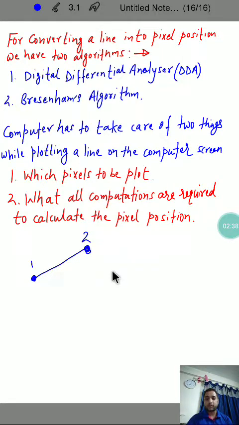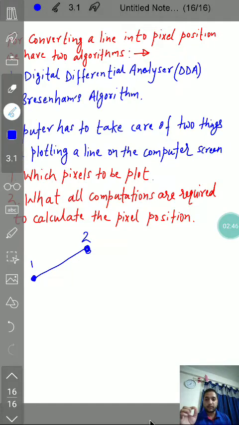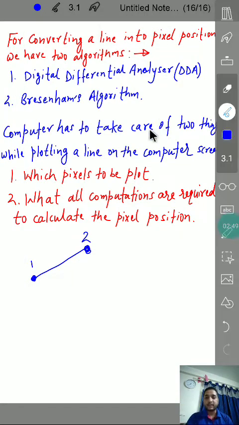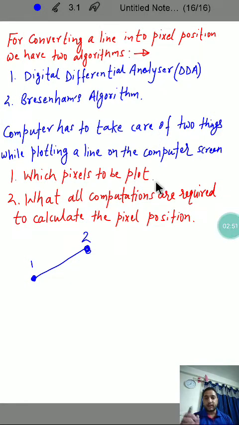For a computer it is a tricky task to draw a line, because I already explained that if this is a computer screen which you are seeing right now, then this screen is divided horizontally and vertically into a small matrix of elements, that is, pixels. In our screen there are a number of pixels depending upon the resolution.